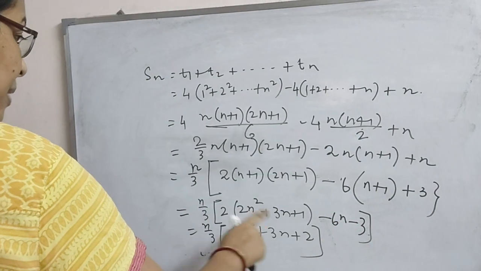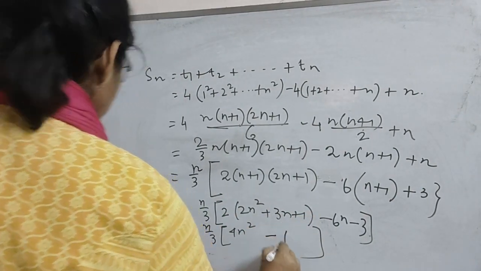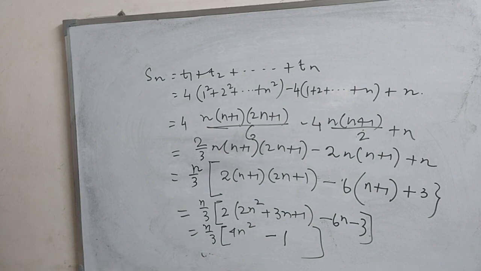So, 4n square plus 6n minus 6n, 2 minus 3, that is, this is equal to minus 1. 4n square minus 1. This will be the answer.